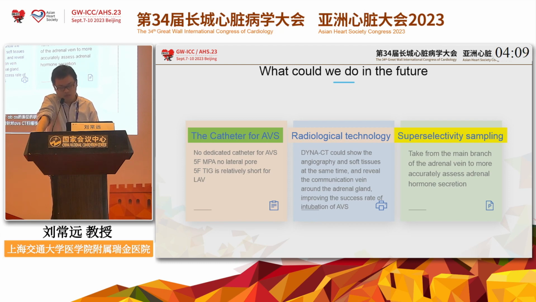Maybe it could improve the success rate of intubation of AVS. Lastly, a microcatheter could take samples from the membranes of the adrenal vein to more accurately assess adrenal hormone secretion.